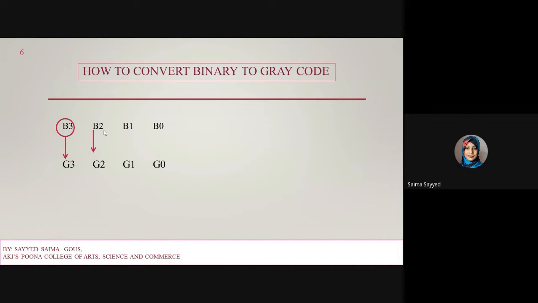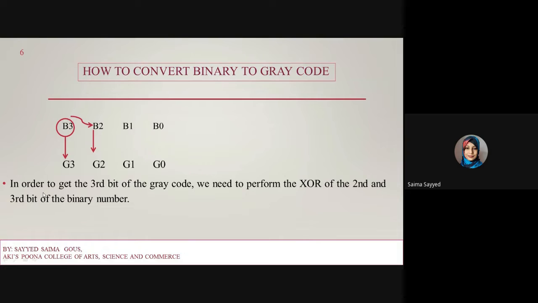So G3 is equal to B3, then the second bit G2 will be the XOR between B3 and B2. To get G1, we have to perform the XOR operation between B2 and B1.